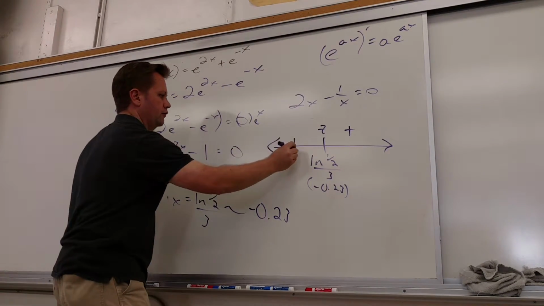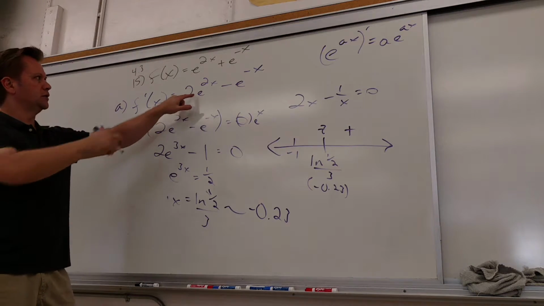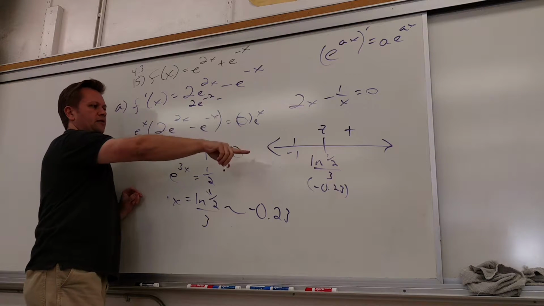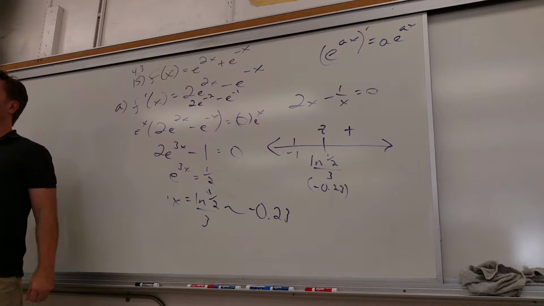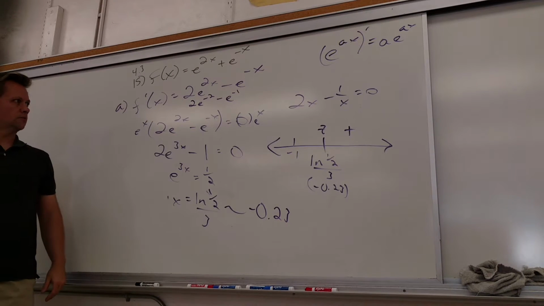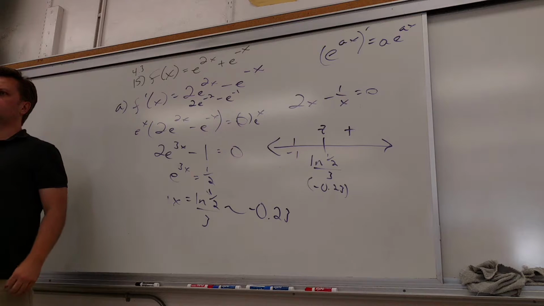And when I plug a negative 1 in, it doesn't really matter, but now you get 2e to the negative 2 minus e to the negative 1. You can plug it in the calculator, right? It's 2 over e squared minus e over e squared. 2 is smaller than e, so it'd be negative.